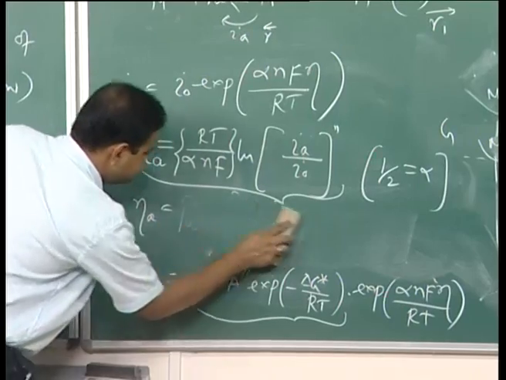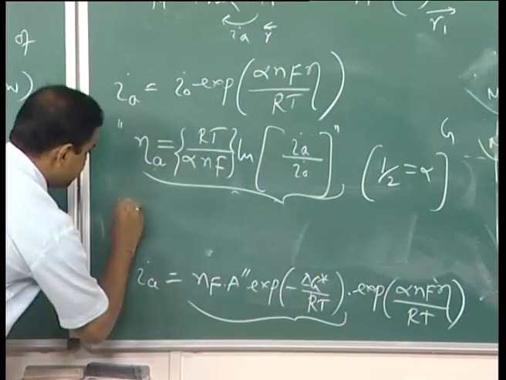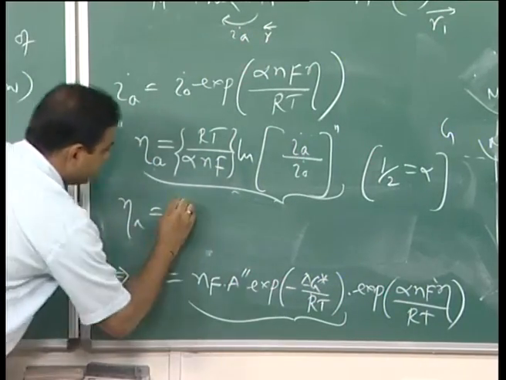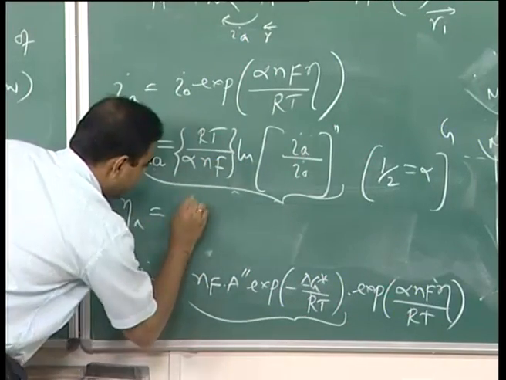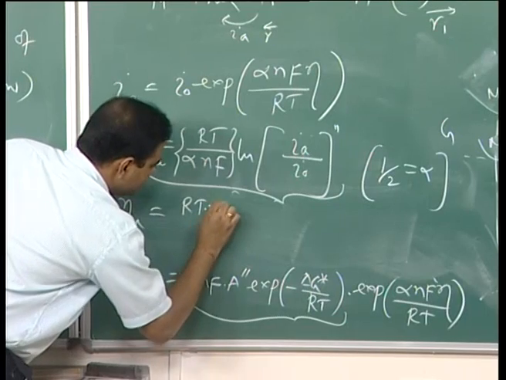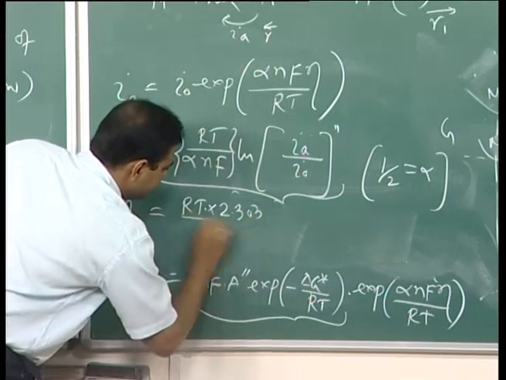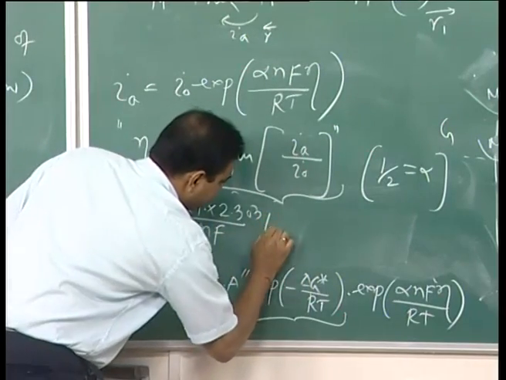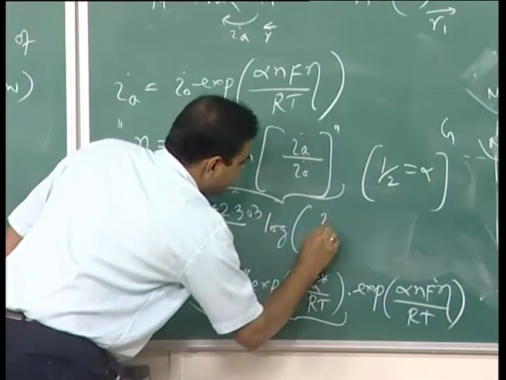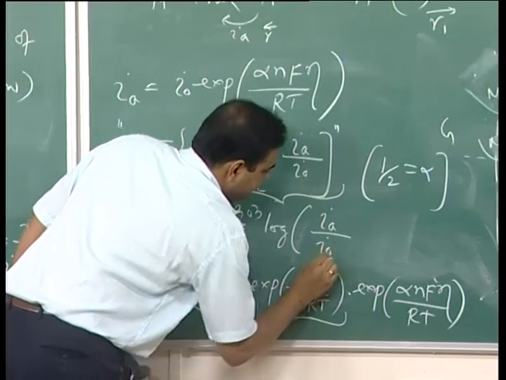Sorry, a small change. I can write eta A equal to, I have to convert this ln part into log. So, RT into 2.303 by alpha n F log of I A by I 0.